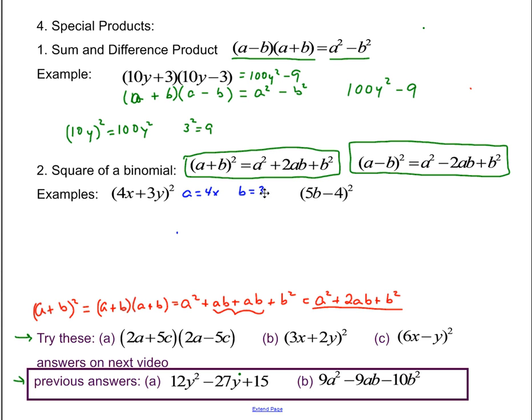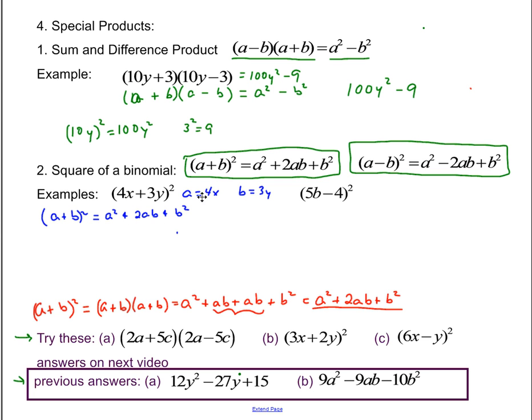So when I fill in the blanks from my formula, and it always helps me to write my formula along with the problem, a plus b squared always results in the square of the first number plus 2 times the product of the first and the second number plus the square of the second number. So let's see, what does that mean for me?